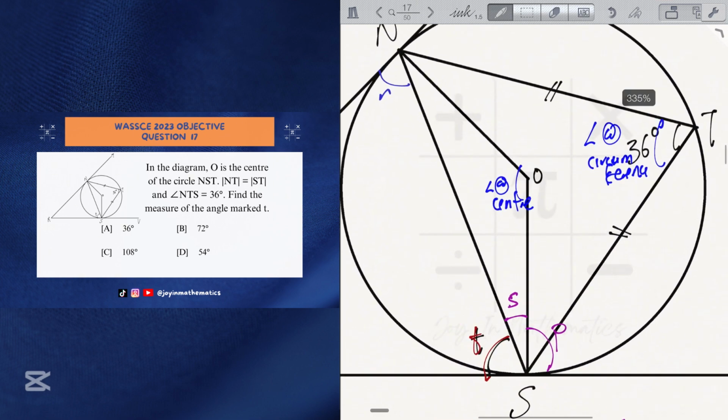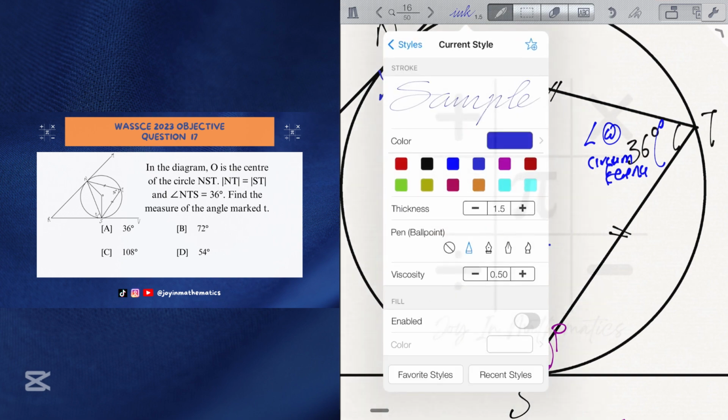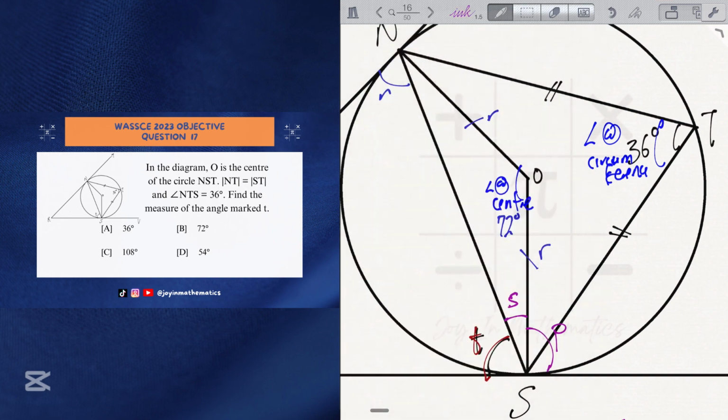Now if we go back to this place and we input 72 degrees to be the angle at center, then you will observe that ON is radius and OS is also radius. So with this, we are saying that base angles of isosceles triangle are equal.